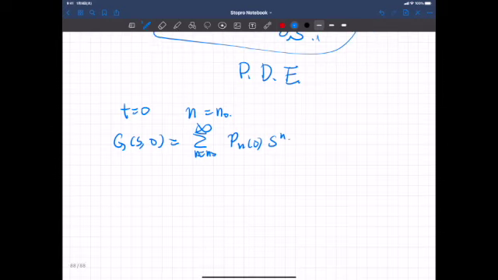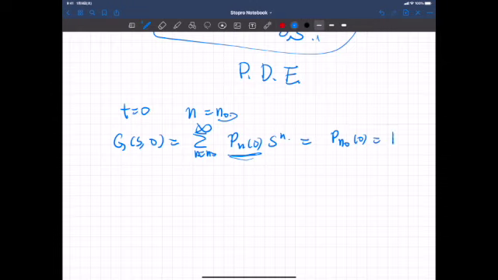So in terms of the probability mass functions, this Pn of 0 is equal to 1 if n is equal to n0. Otherwise, it's 0. So this should become Pn0 of 0, which is 1.